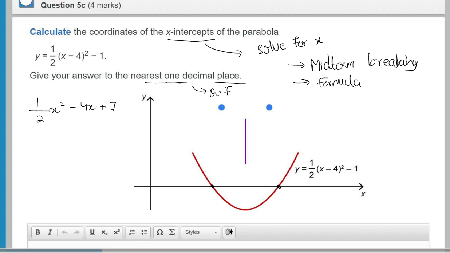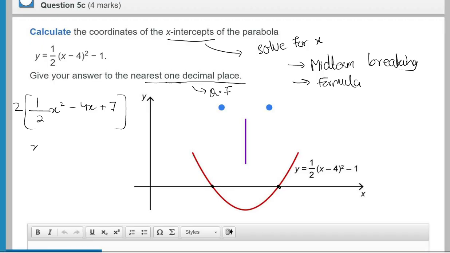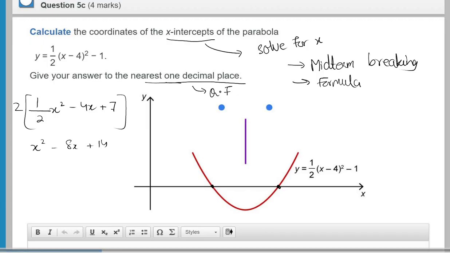Now, mathematicians didn't like the idea of us having a fraction in front of x. So we multiply the entire equation by 2. This becomes x squared minus 8x plus 14, because the 2's cancel out, but 2 still multiplies with 4 and 7.